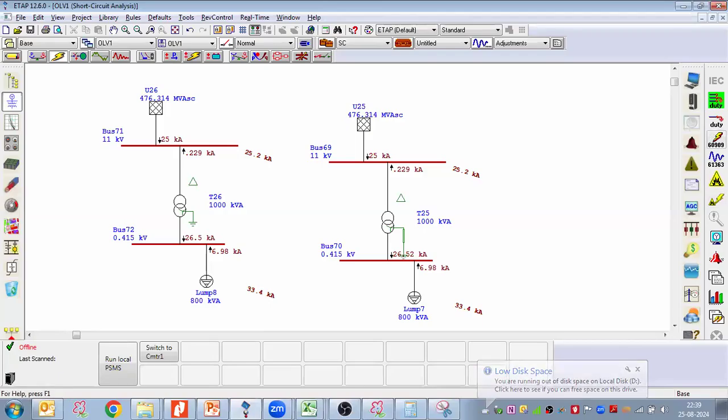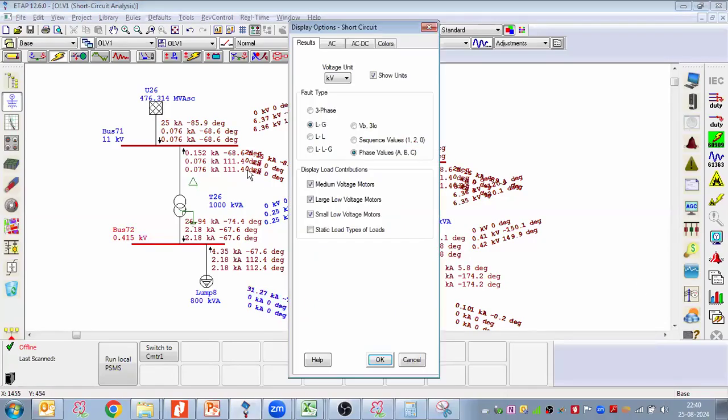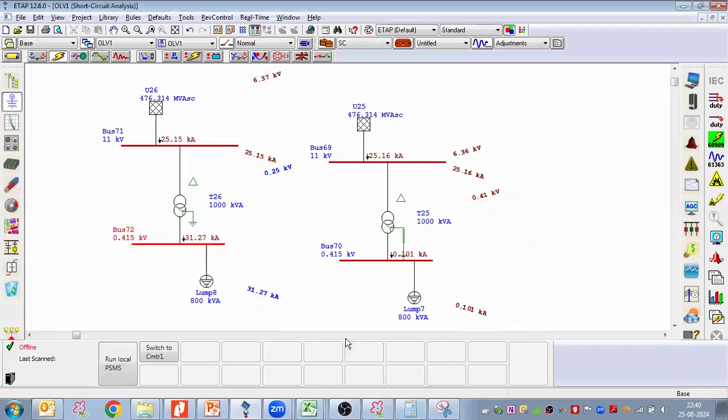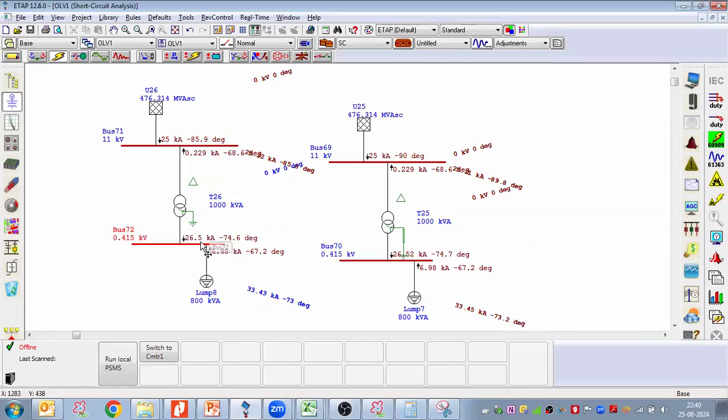Now I'm going with 6909, and going to L2G fault, 31.27 kiloampere. This is the L2G fault, and the three-phase fault is 26. Could you see the difference?